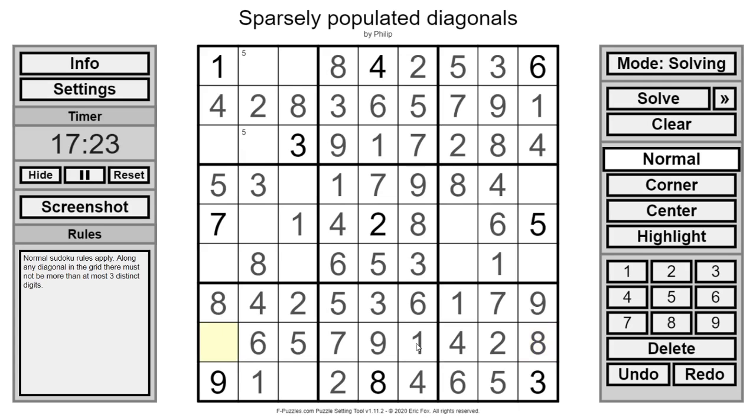9 over here. Nope. 1, 2, 3. 7. 5. 6. 9. Sorry about the noise outside, there's some people walking by. 9 over there. 9, 6, and 2.